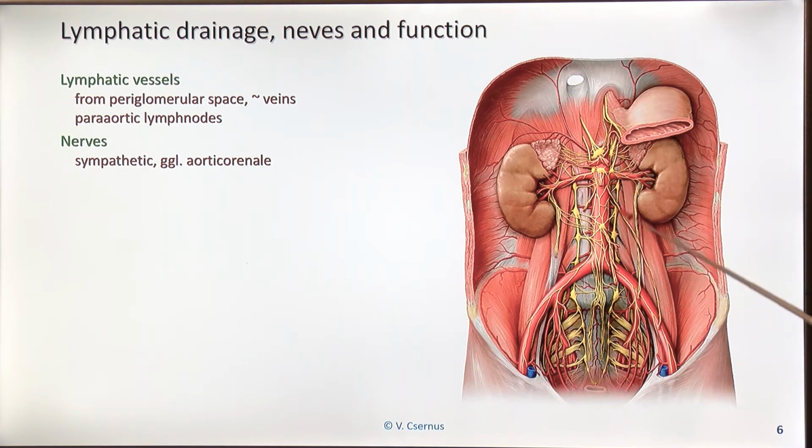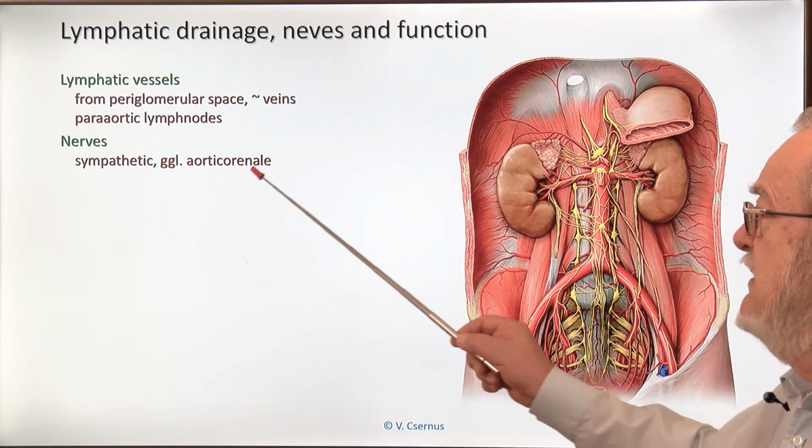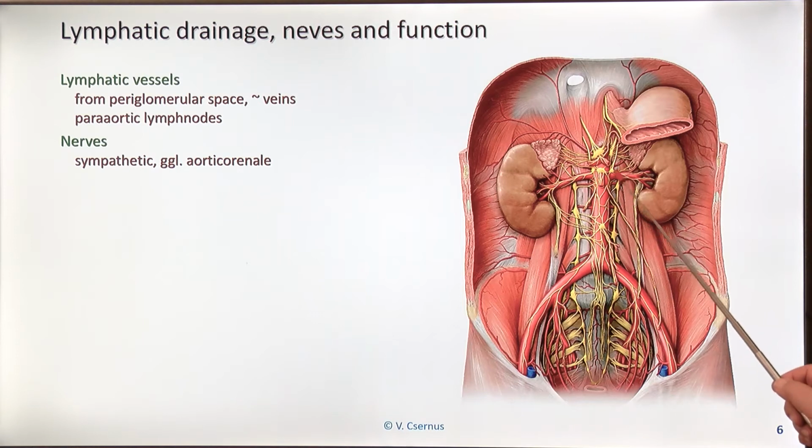Nearby we have the sympathetic trunk with the chain of ganglia. Approximately the second lumbar ganglion is slightly bigger than the rest of them, and it is named the aorticorenal ganglion. This ganglion sends postganglionic fibers in the adventitia of the artery.